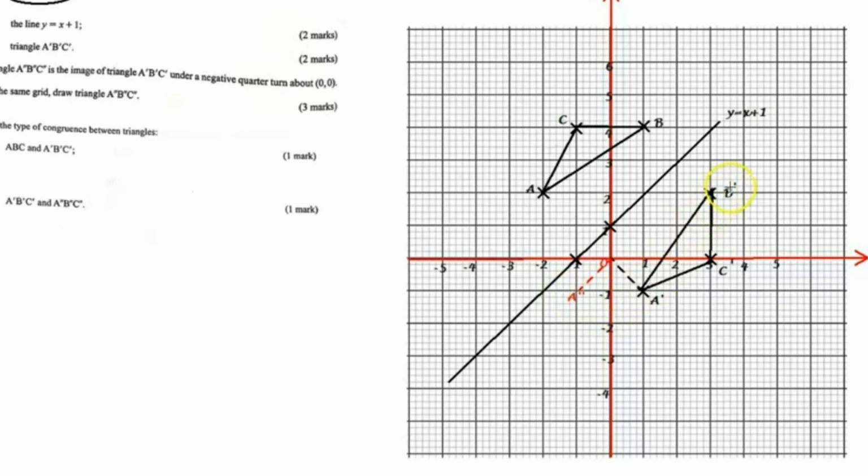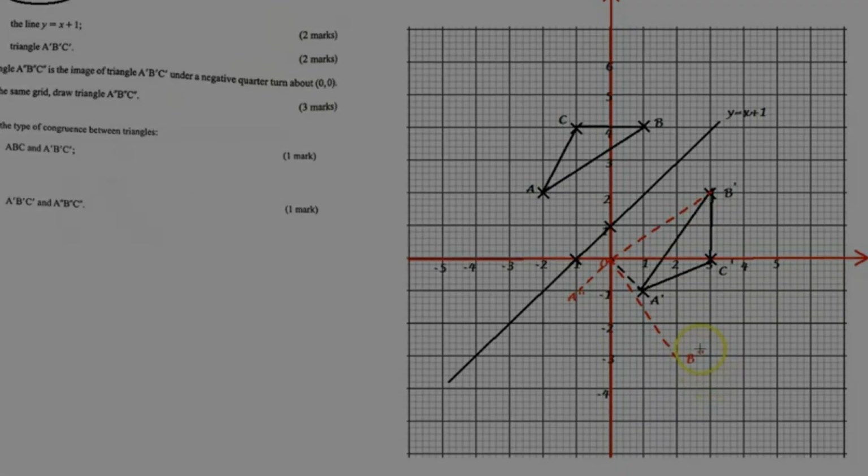Then for B prime, from the origin, it will be mapped, that is (2, -3). So that angle will be 90 degrees. So it will be mapped at this particular point.